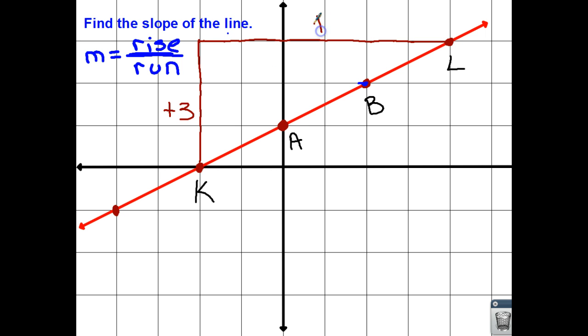That I went to the right, so that's positive 6. If I were to put it into my rise over run, it would be positive 3 over positive 6. And what do you get if you reduce that? Well, we get the same answer we got before, 1/2. So our slope would be 1/2, no matter what 2 points we take on our line.